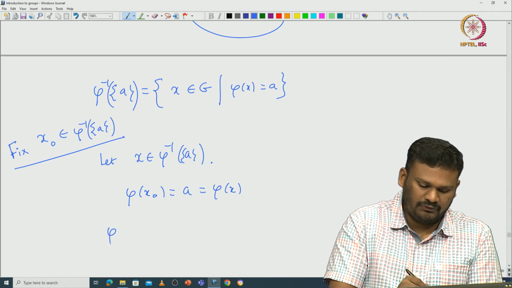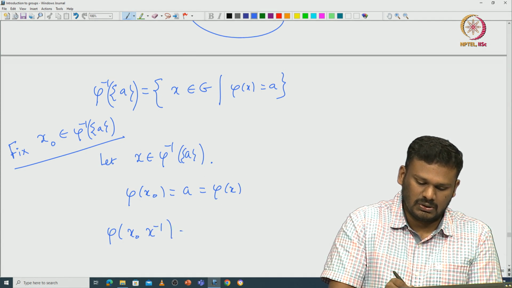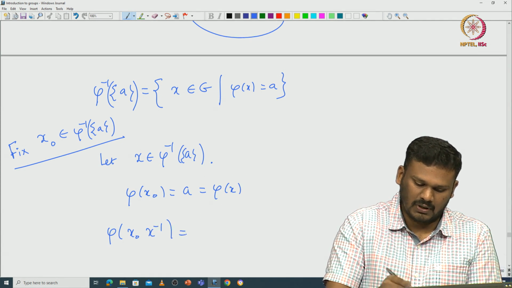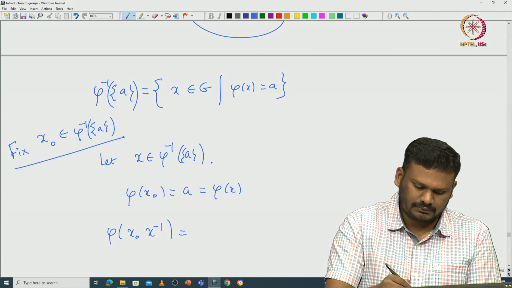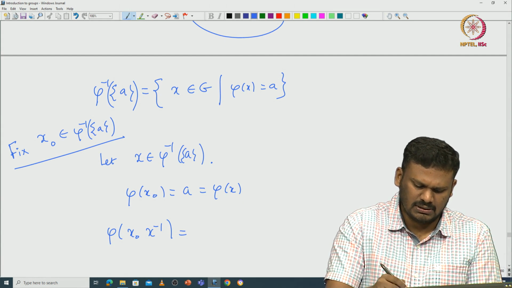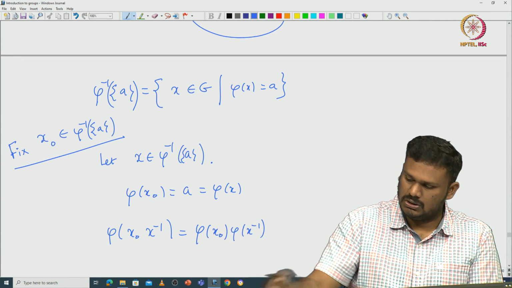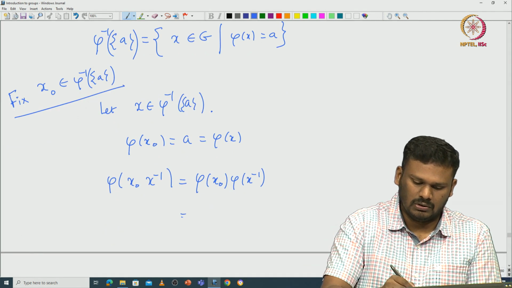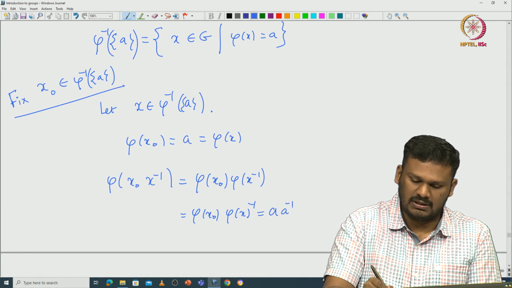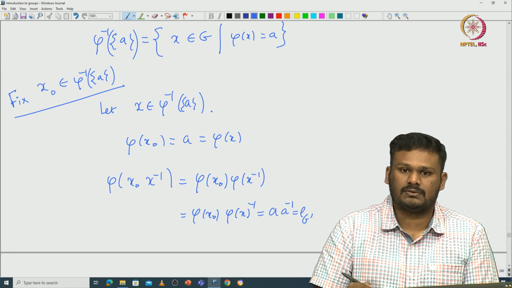If you compute phi of x naught x inverse, this is exactly equal to phi of x naught times phi of x inverse, which is A times A inverse, which is the identity in G dash.